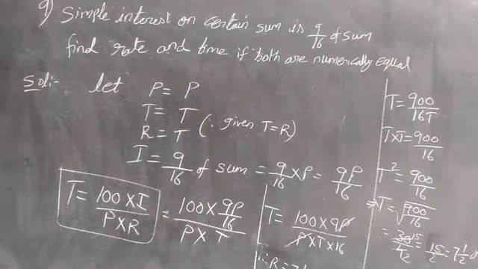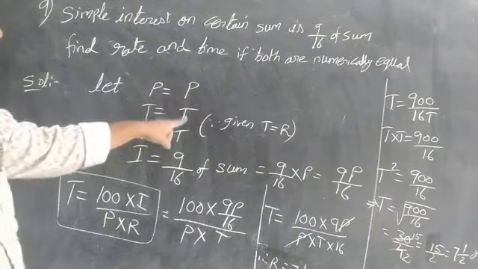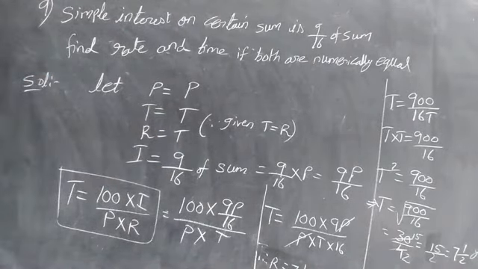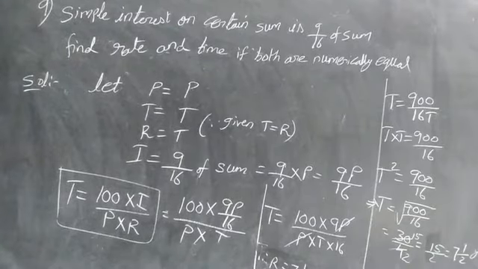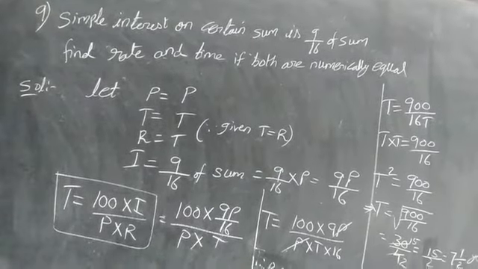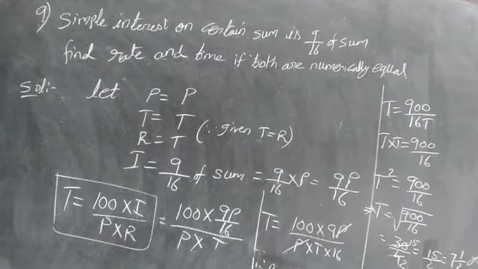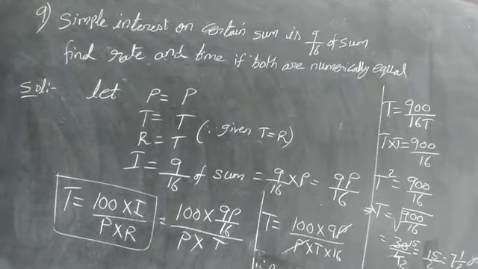In this sum we don't know T or R, so P is P, T is T, and R is T, because T and R are the same. So the answer is 7 1 by 2 years.